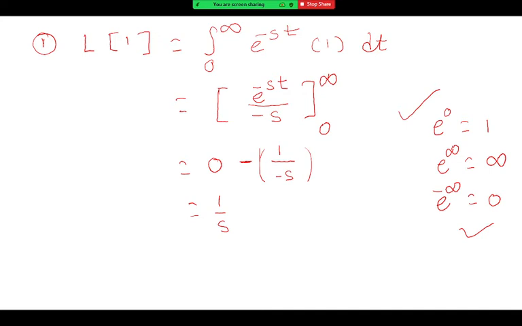Another important thing you will observe: when you replace t by infinity and t by 0, it becomes e raised to minus s into infinity. This is zero only when s is positive, since then it becomes e raised to minus infinity. Suppose s is negative. Then the negative becomes positive, e raised to infinity becomes infinity, and the integral diverges.